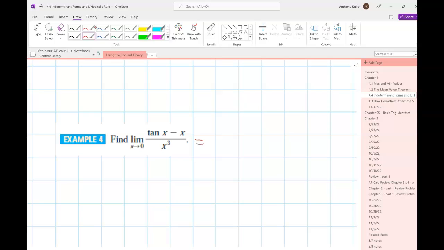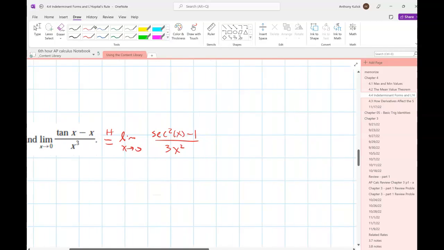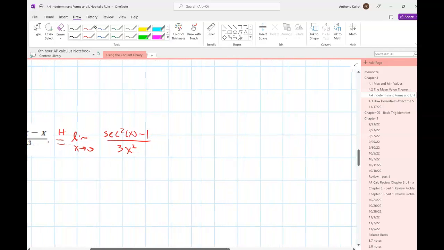Okay. So L'Hopital. Derivative of tangent is secant squared. Okay with that? Let's try it again.